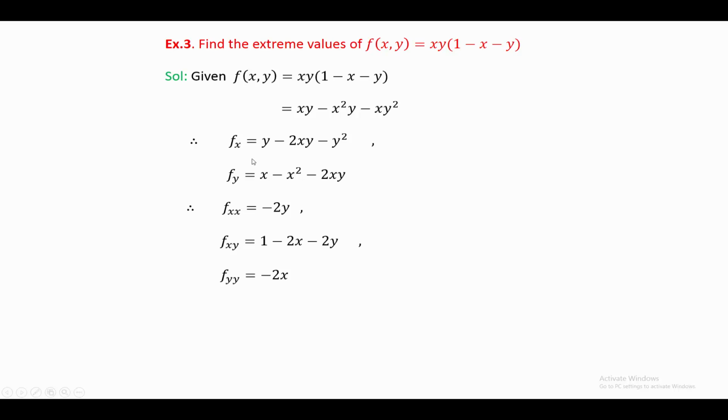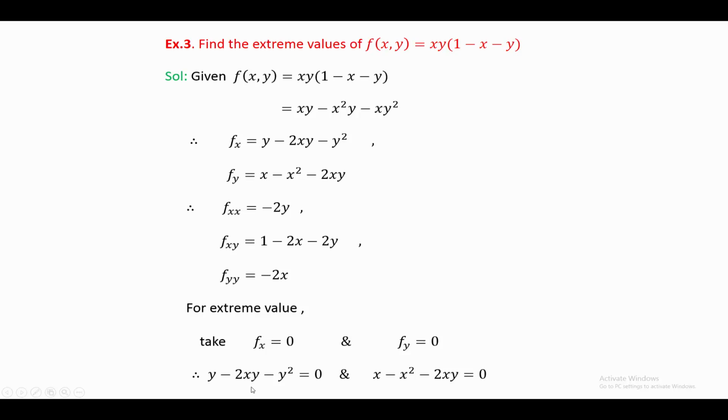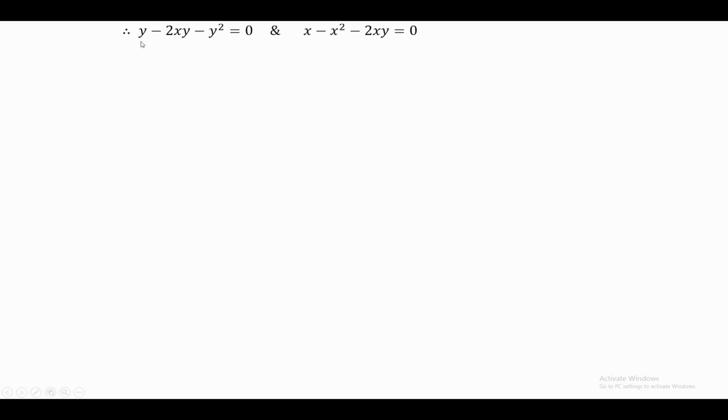Then for extreme value take fx 0 and fy 0. Fx is y minus 2xy minus y square equal to 0 and fy is x minus x square minus 2xy equal to 0. From the first equation here y common and from the second equation x common.